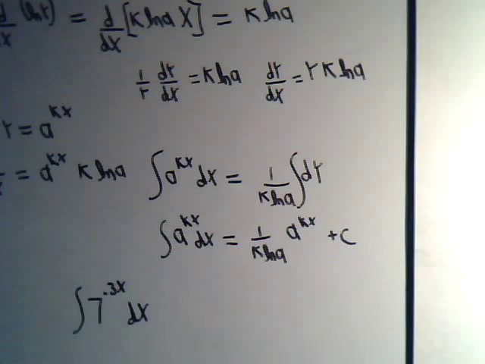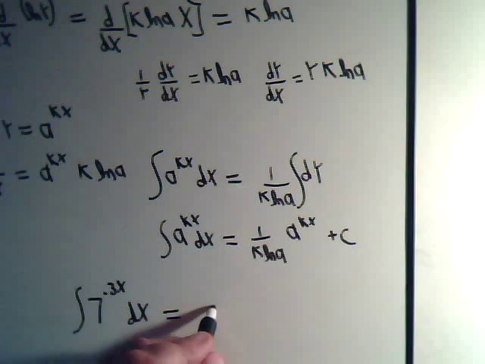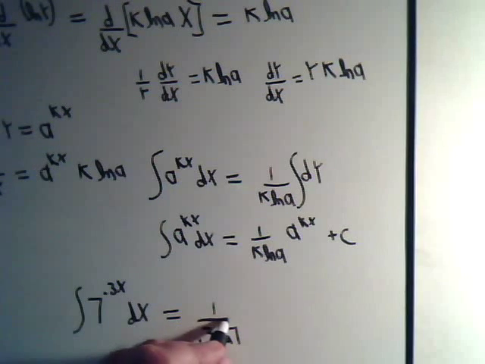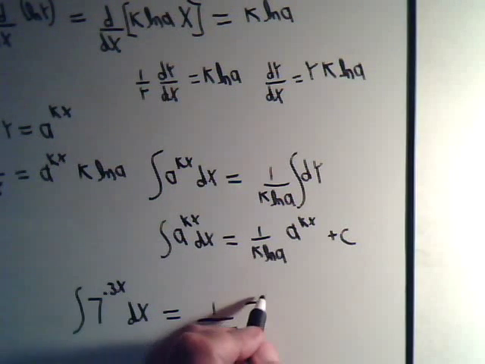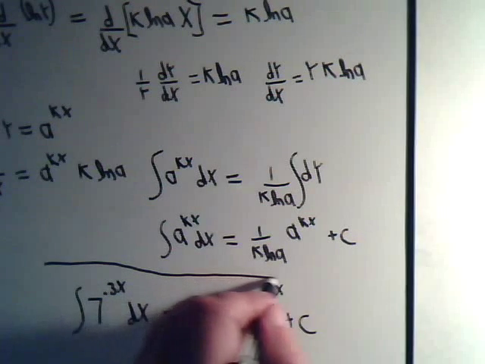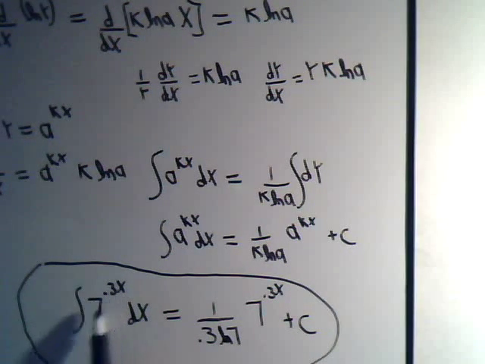There's our original integral, and that equals 1 over k, that's our k here, 1 over 3/10 times the natural log of a, that's 7, times a to the kx, which here is 7 to the 3/10 x power, plus an arbitrary constant. And there it is. So this looks like a very strange integral.